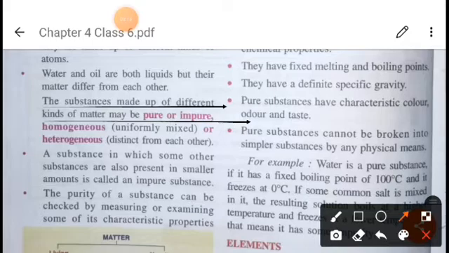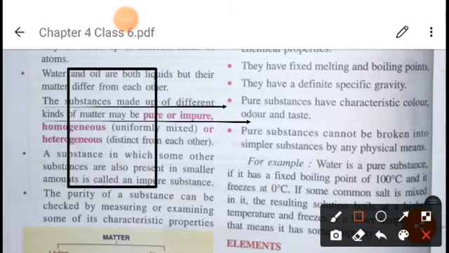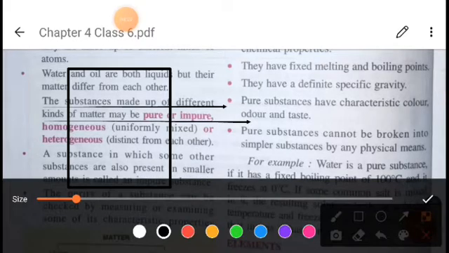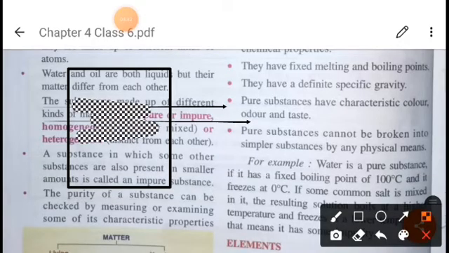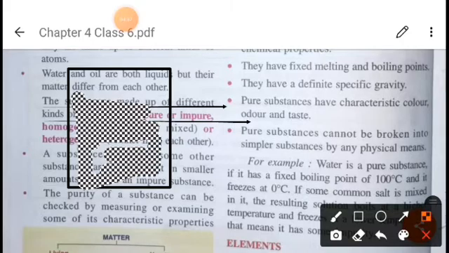I will give you one example of homogeneous and heterogeneous. Suppose we have this container, and in this container we have taken a mixture of salt and water, okay?